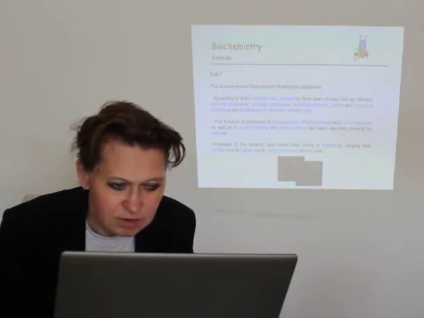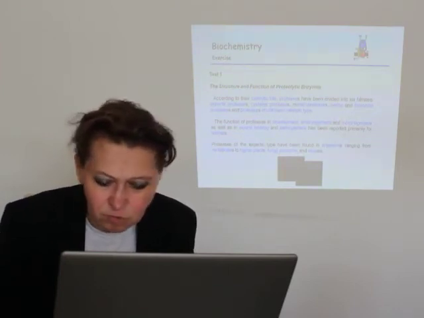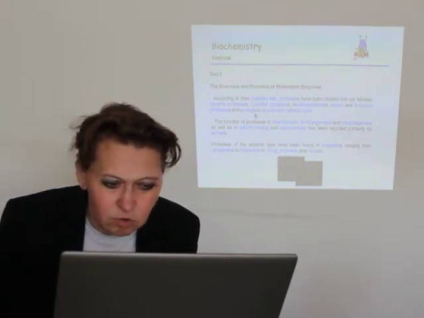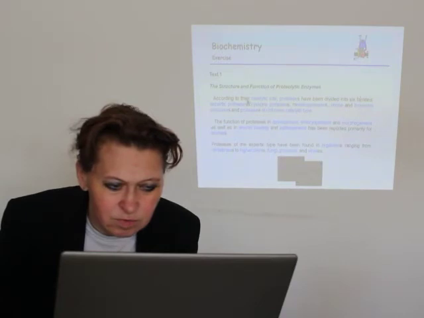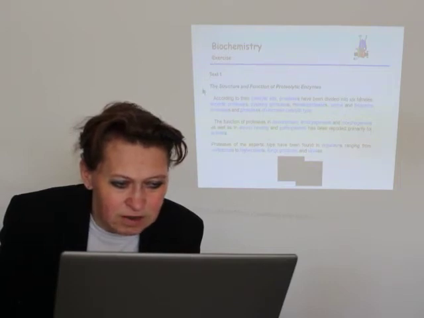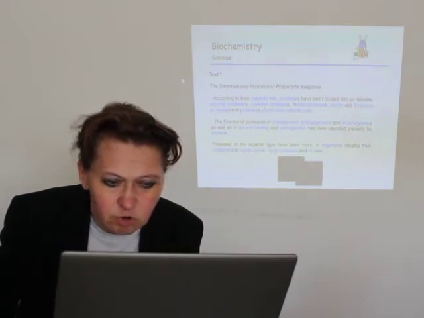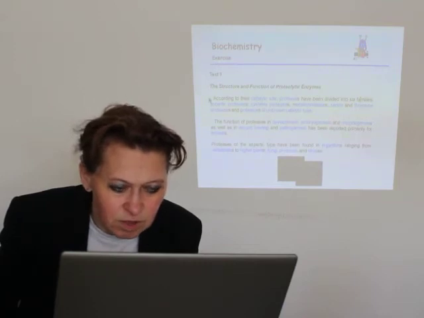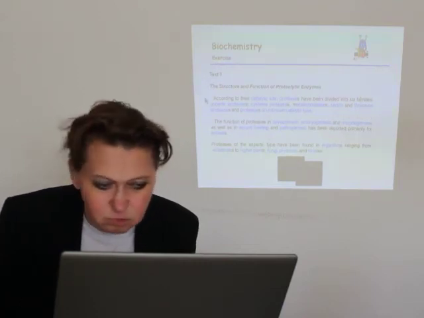It's coming here, and once more, blue means unknown or very important, and black familiar to us. So, the headline of the text, you see it over there, it's the structure and function of proteolytic enzymes. So, let's read the text.